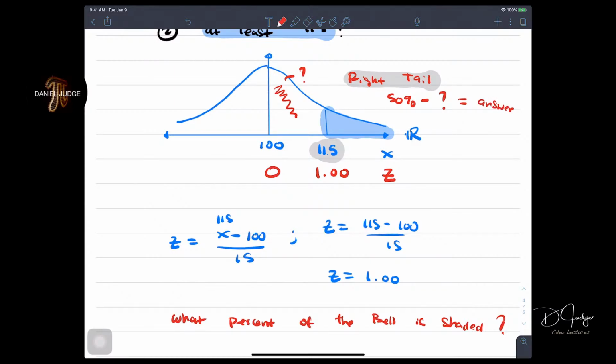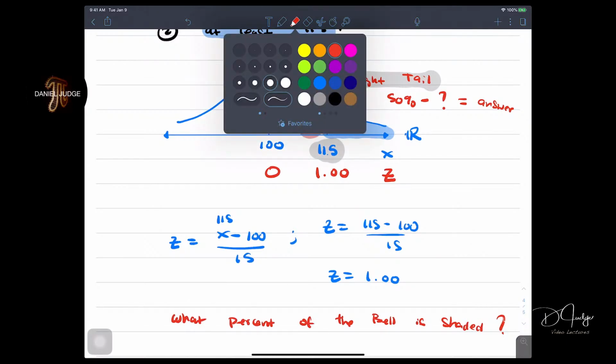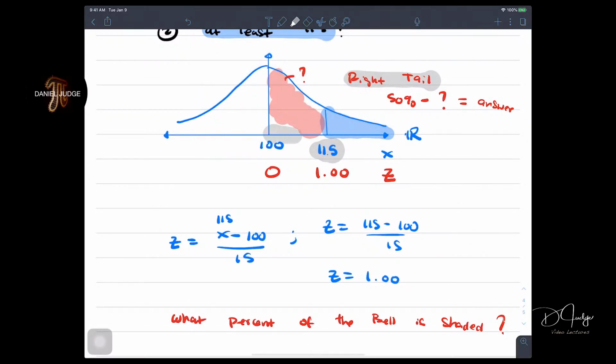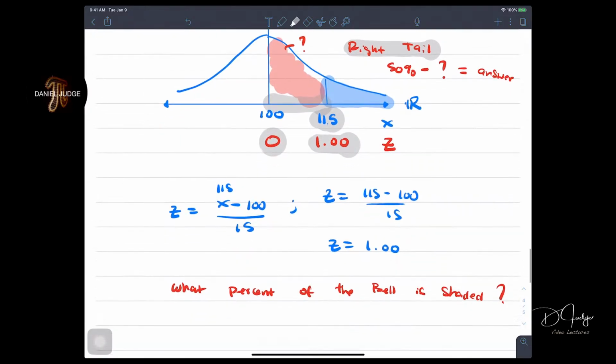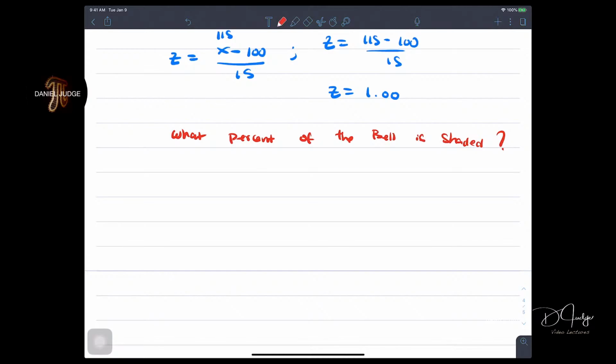We just have to find what's missing here. That's the key. And this is where the z-table comes in, because the z-table answers questions from 0 to a positive z value. This is why we found that. So this is where we use the table. We say the z value is 1.00.